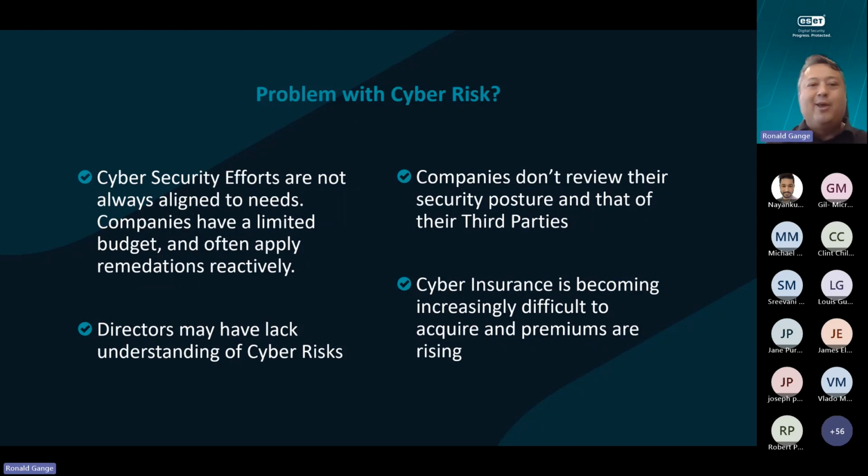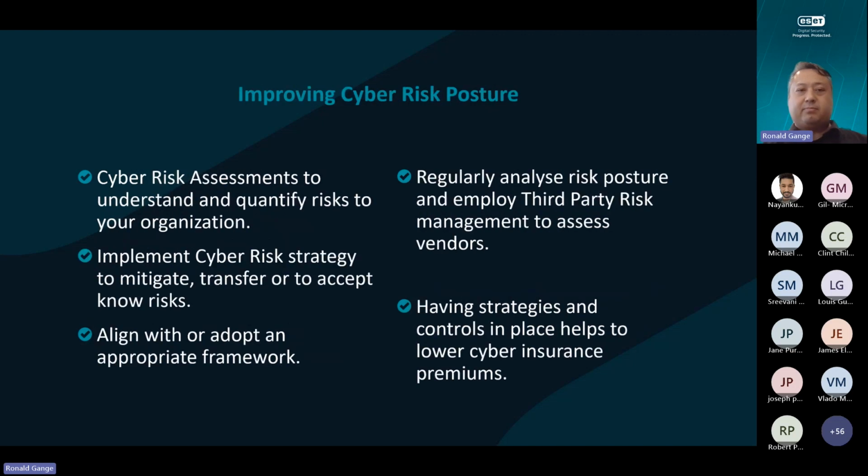You don't own their networks. You can take them down. You can be seen as an attacker when you try to do that. But there are also some solutions to these, which we'll go through. And the fourth problem is that cyber insurance is becoming increasingly difficult to acquire, and also the premiums are rising. So now that we've had a look at the problems, let's have a look at some of the solutions to those.